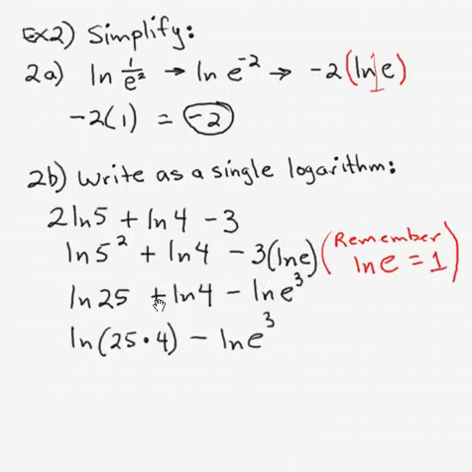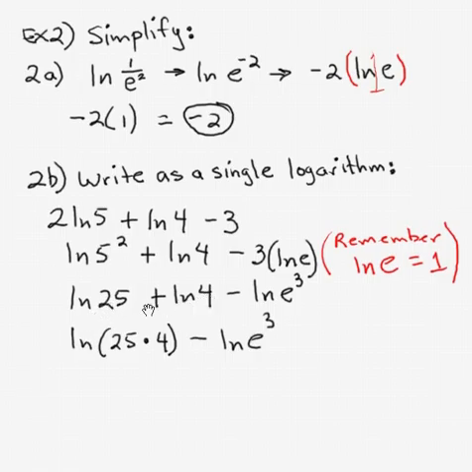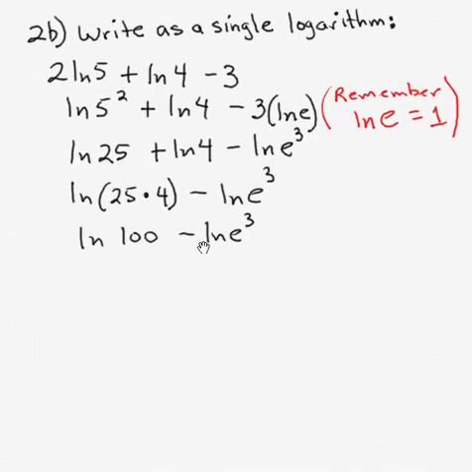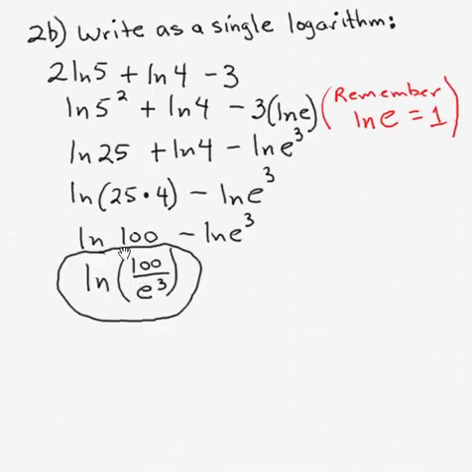Remember that when we're adding two logs of the same base, that's the same as the log of their product. So 25 times 4 is 100. And then when we're subtracting two logs with the same base, remember that's the same as the quotient. So that's the natural log of 100 divided by e cubed.